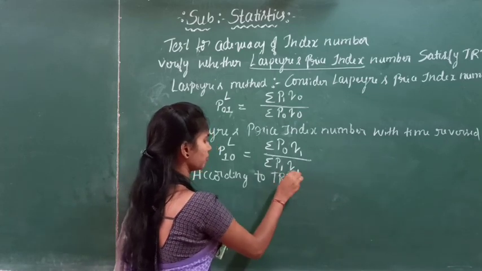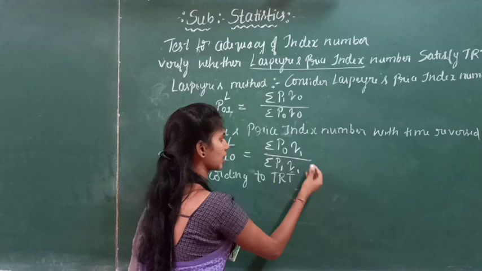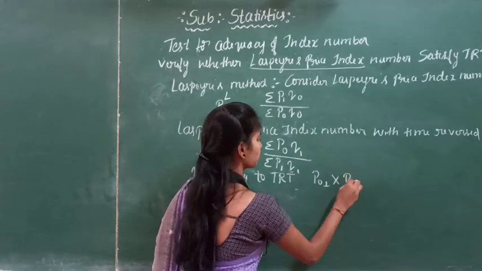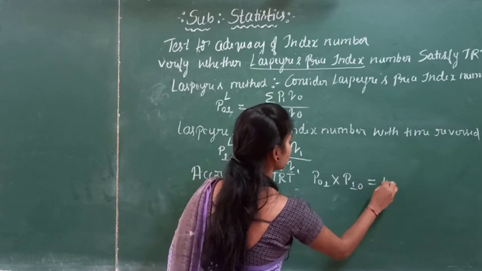According to TRT, the equation for the time reversal test is P01 into P10, which is equal to 1.